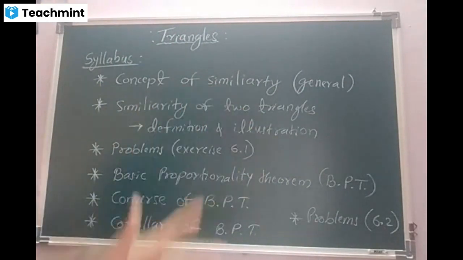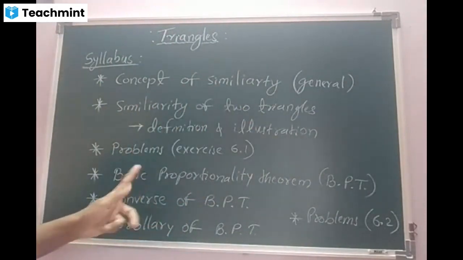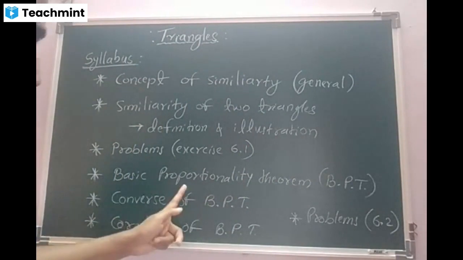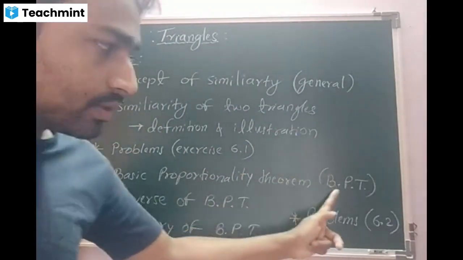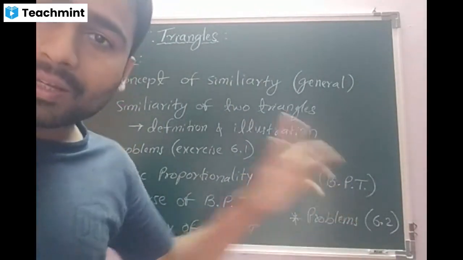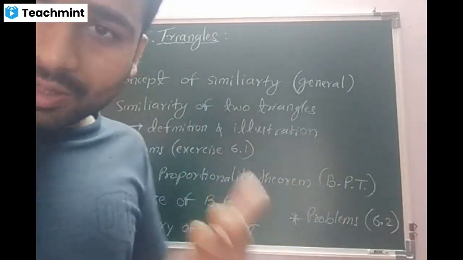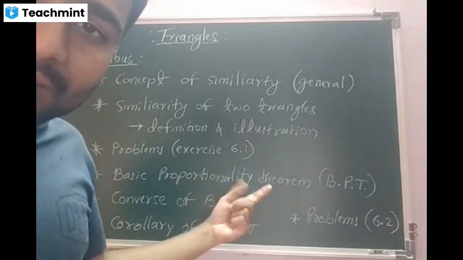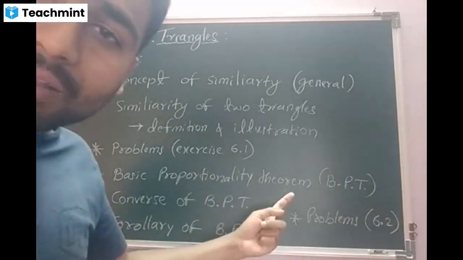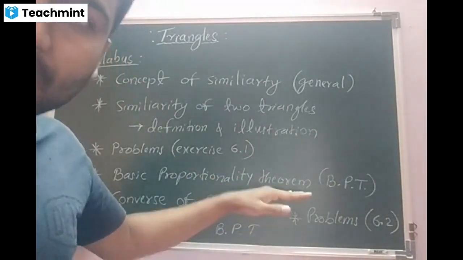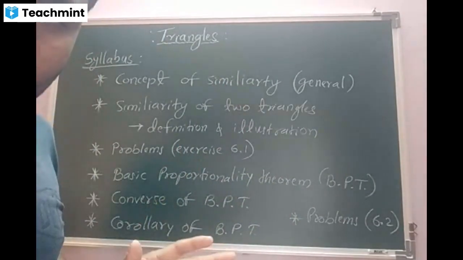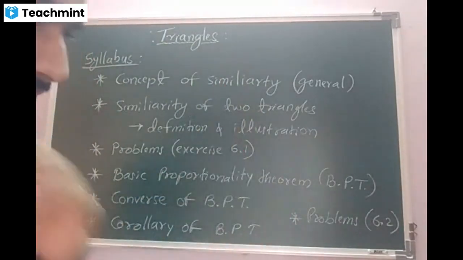Then beta, second part is dealing with basic proportionality theorem, in short called BPT. It is also known as Thales theorem. The mathematician Thales has proved this fundamental statement, which is essential for the similarity of triangles. Is that clear, beta?